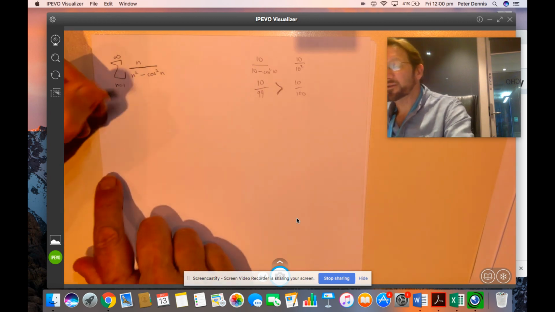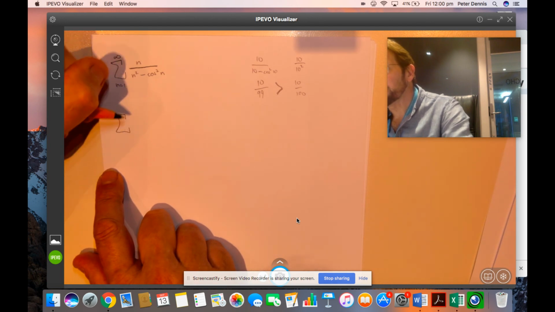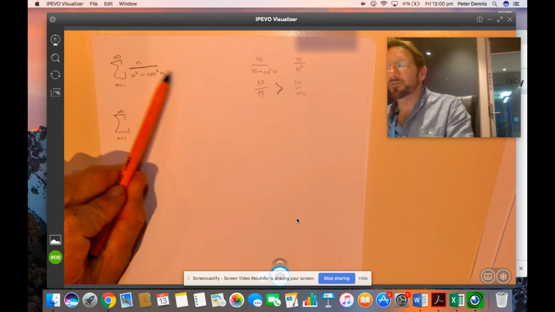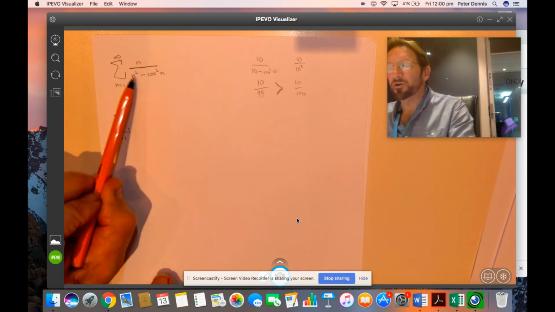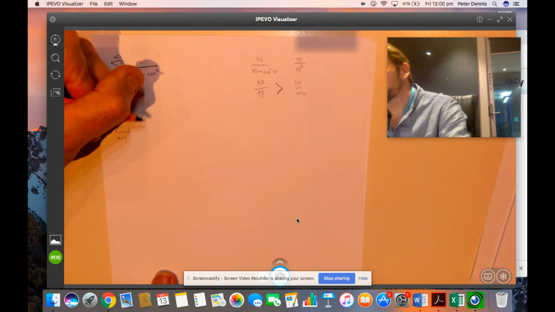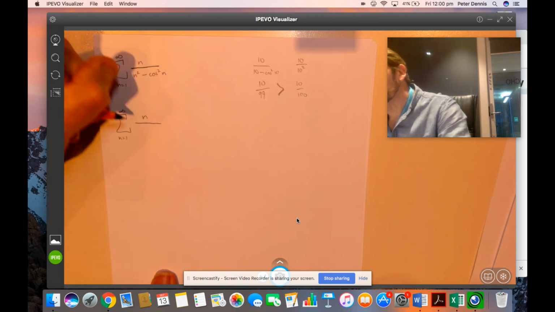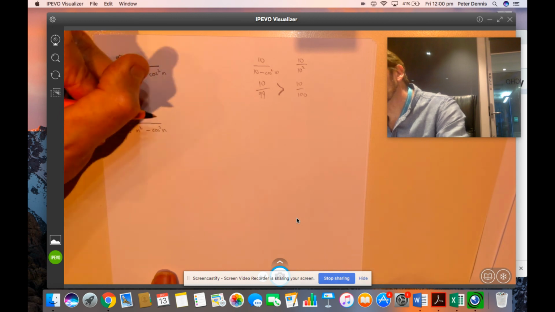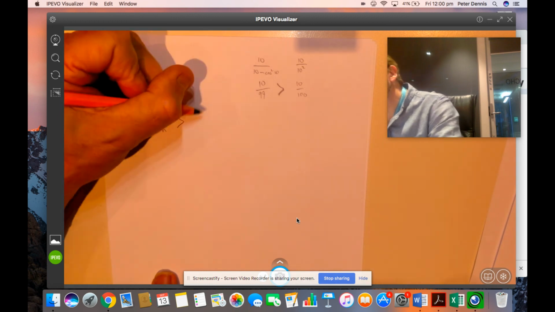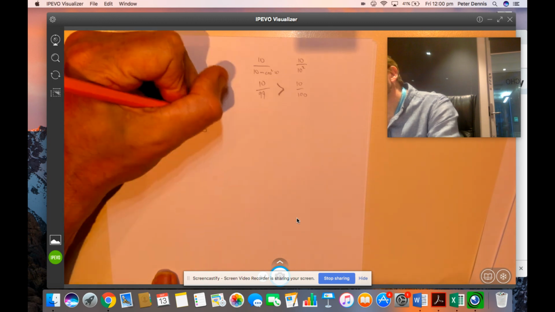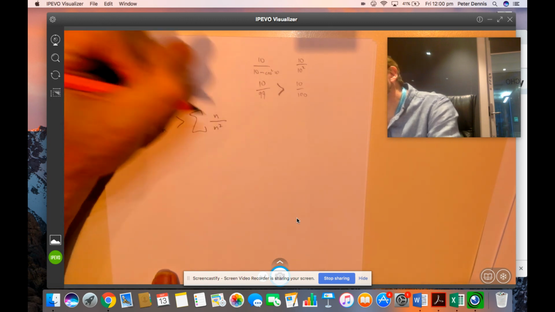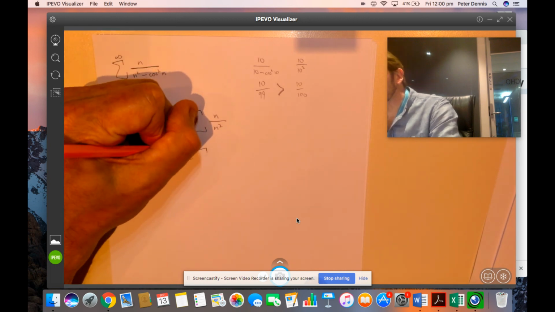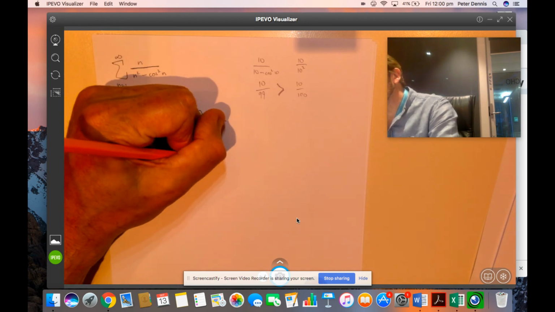So in this case, the comparison is going to be a bit different. The sum from n equals 1 to infinity, and I always look at the bottom, it seems to be the easy one to look at: n over n squared minus cos squared n. I know this is always greater than n over n squared, which equals the sum of 1 over n.